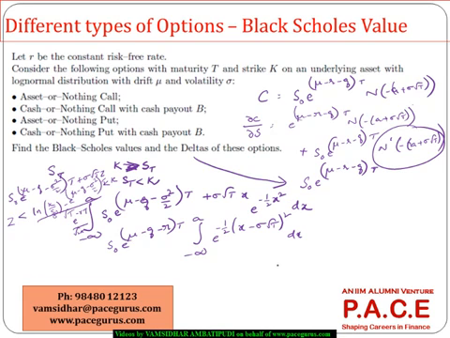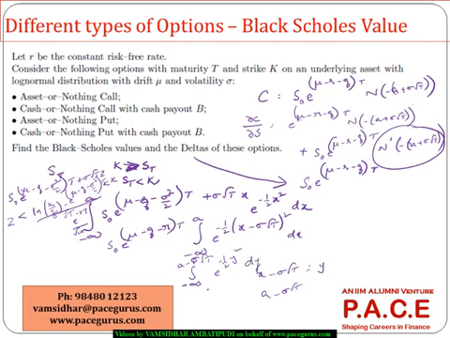So again I am taking x minus sigma root t as y. So this becomes a minus sigma root t. So it becomes minus infinity to a minus sigma root t. This becomes e power minus half y square dy.